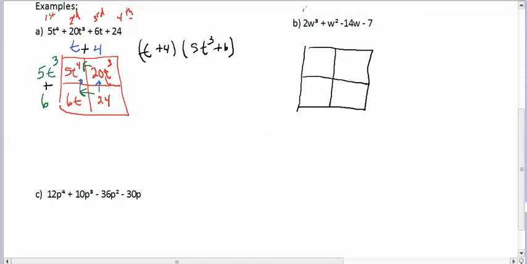This is my first term, this is my second term, this is my third term, and this is my fourth term. They must go in this order. The first term goes in this box, the second term goes in this box, the third term goes in this box. I want to make sure I include that negative because that's part of your answer. This is positive, but I don't usually write positive, and this is a -7 in the last term.